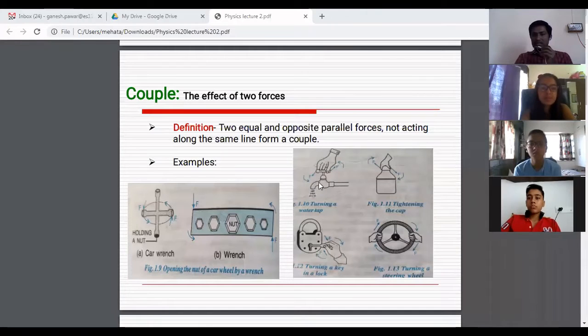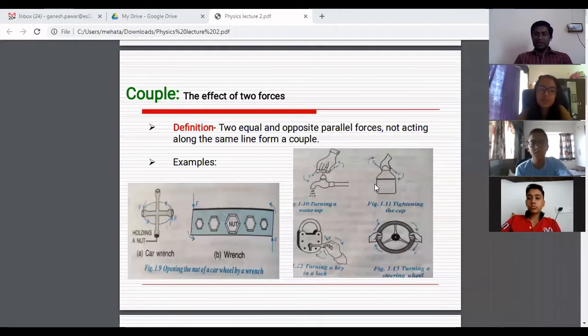One force is over here and the second force is over here. Here also one force is here and the second force is here. So in this case, we have to consider the effect of how many forces? Two forces.